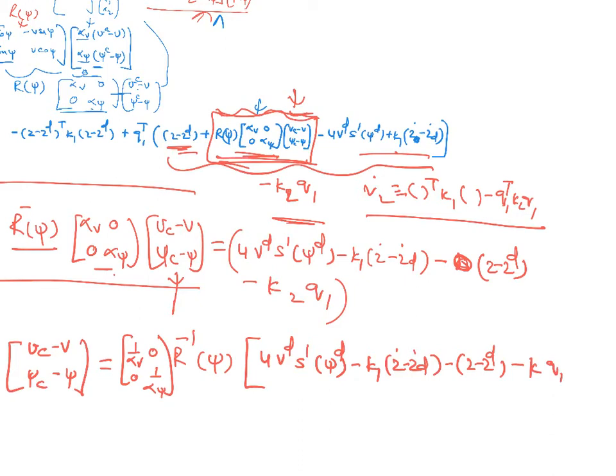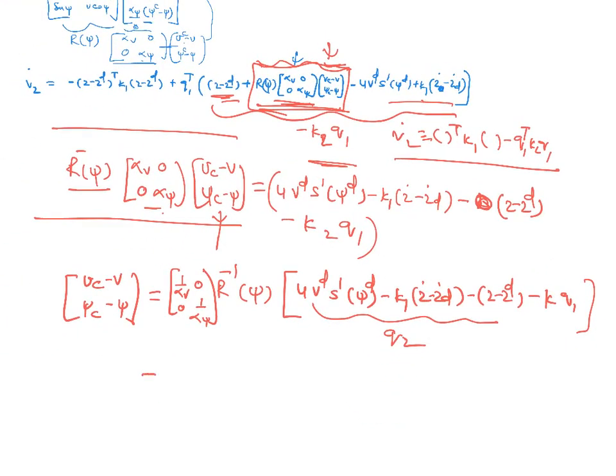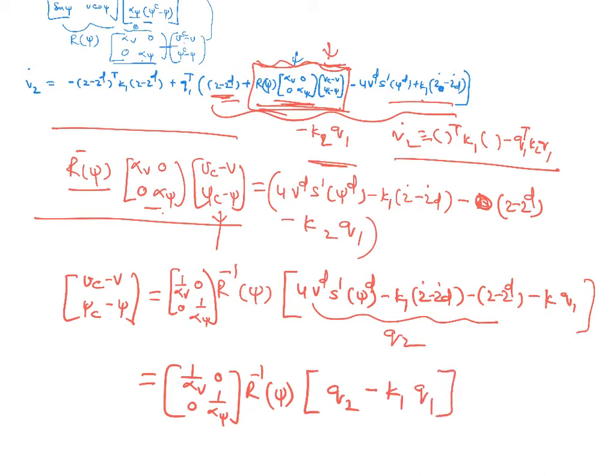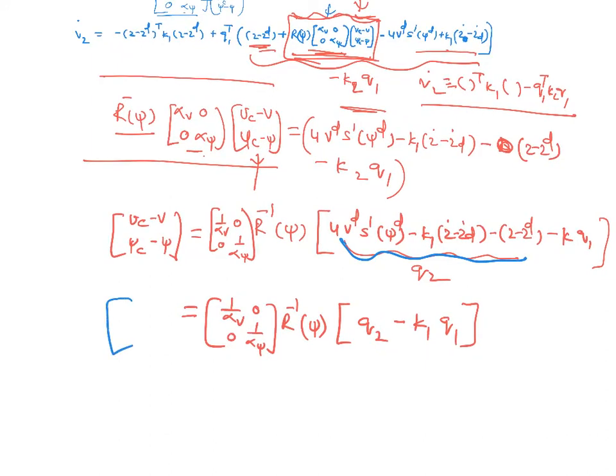To make life a little easier, let's call this term q2, so I don't write it again and again. Then it is 1 over alpha v 0, 0 1 over alpha psi, R inverse psi into q2 minus k2 q1. So that's my v commanded.